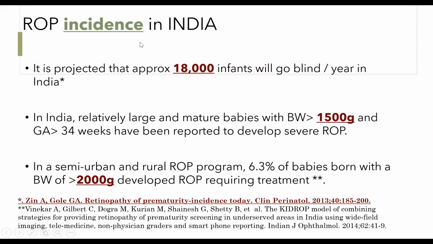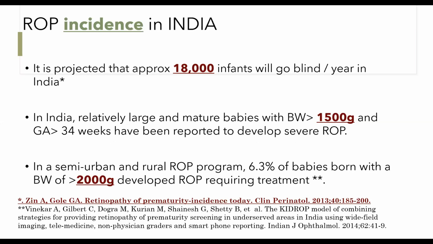Now, talking about the incidence of ROP in India, it has been projected that almost 18,000 infants go blind every year in India itself. And we have a large population of babies who are born with less than 2 kg of birth weight.